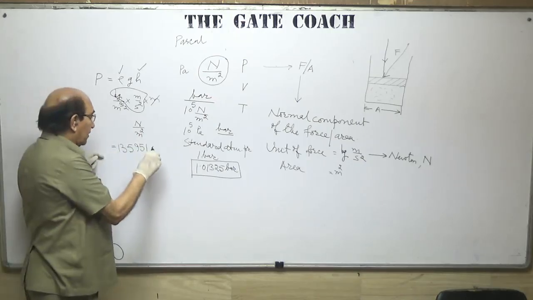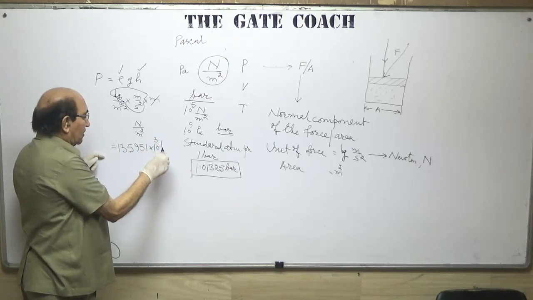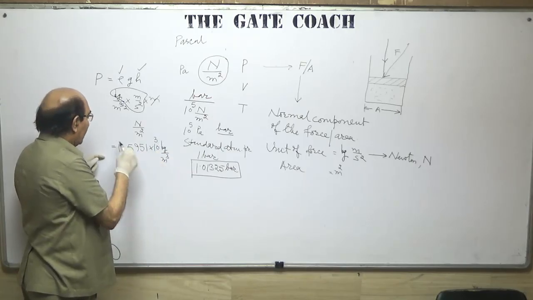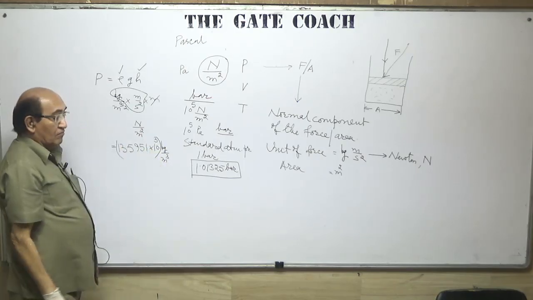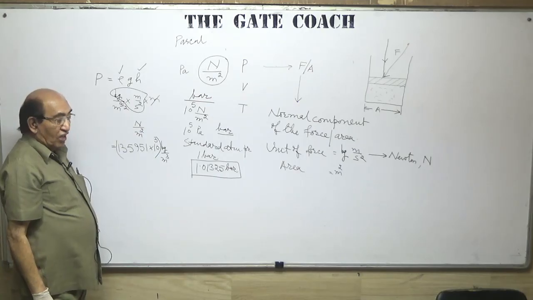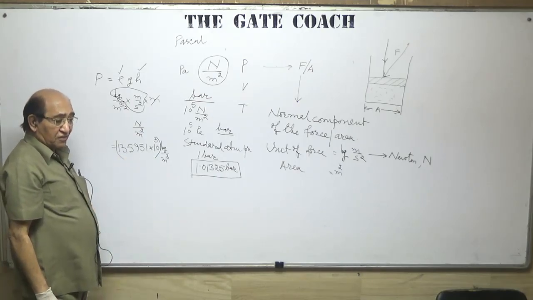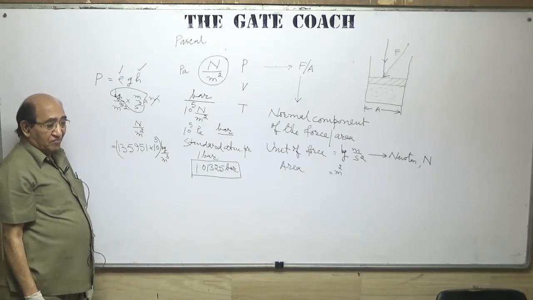And for water, it is 10 raised to power 3 kg per cubic meter. If you write down the value of 13.6, you are not going to get the answer. 13.6 used to be the round up figure.